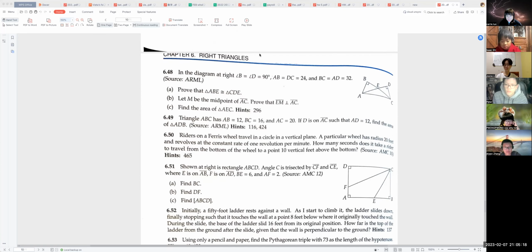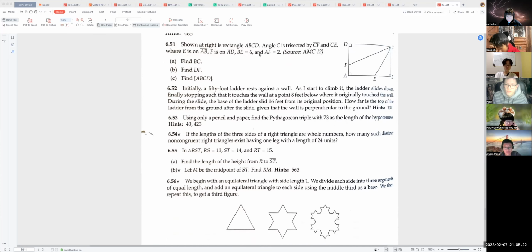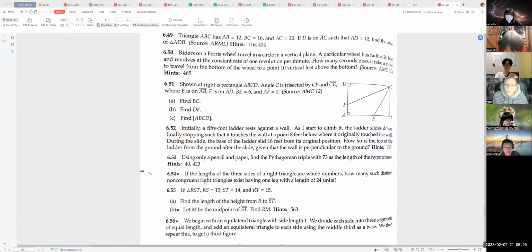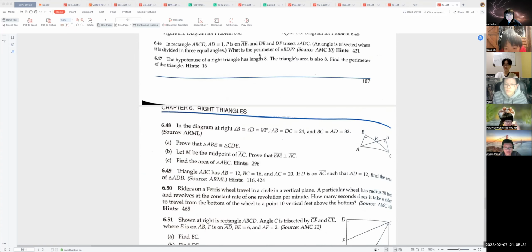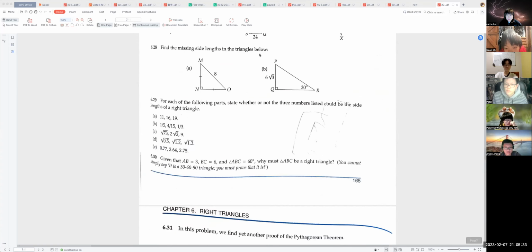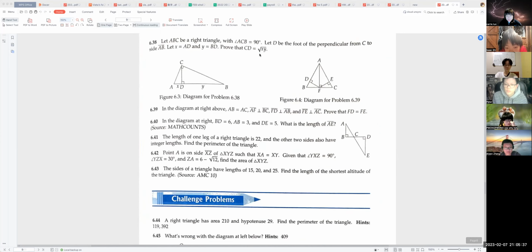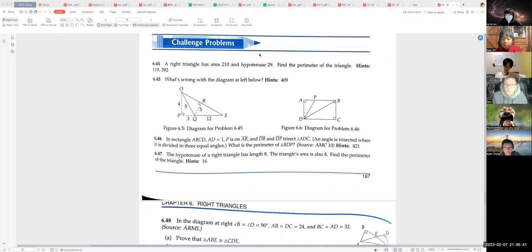I'm going to do the same thing and send the answers to all those questions, especially the questions with the star, which are hard. The earlier review questions, I think everybody can do. But for the challenge ones, I'm going to send the details, how to do it one by one.